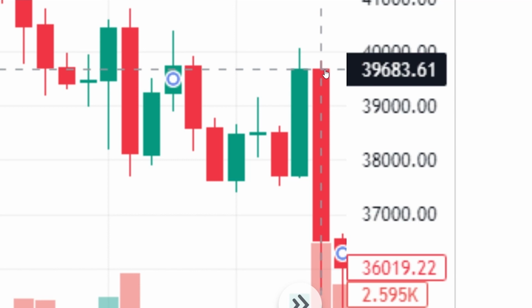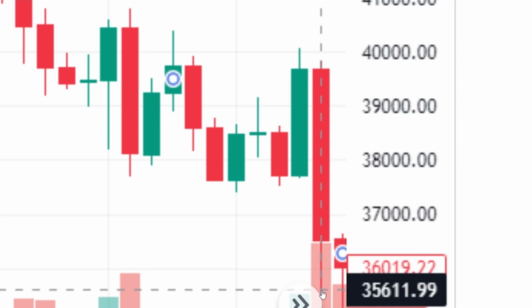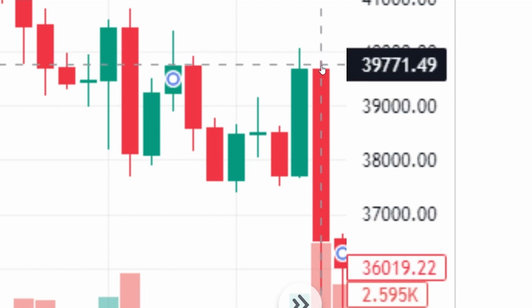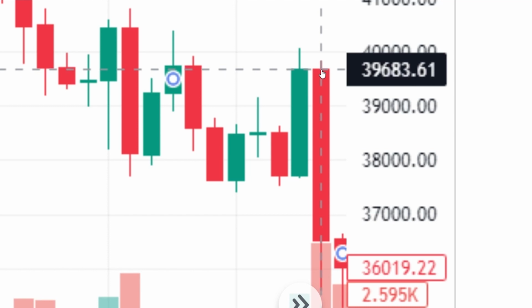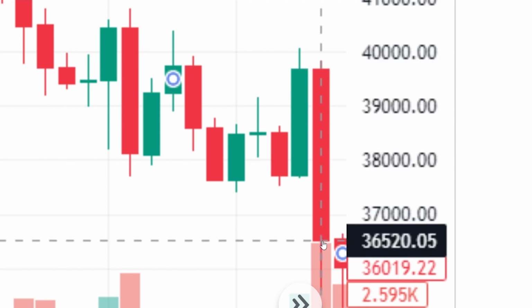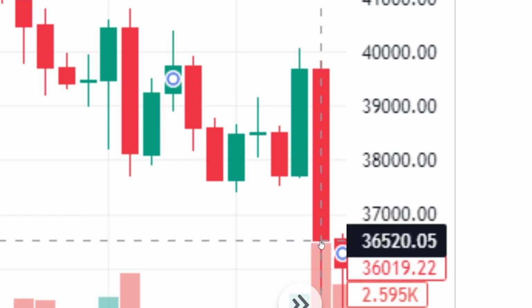On 5th May, it opened at $39,683. The lowest it went was $35,000, which is like a $4,000 drop, which is a lot. And the highest I told you is 39,859. So the open was 39,683. It closed on 36,520. So basically it dropped at least $3,000, and that's what it closed at on 5th May.